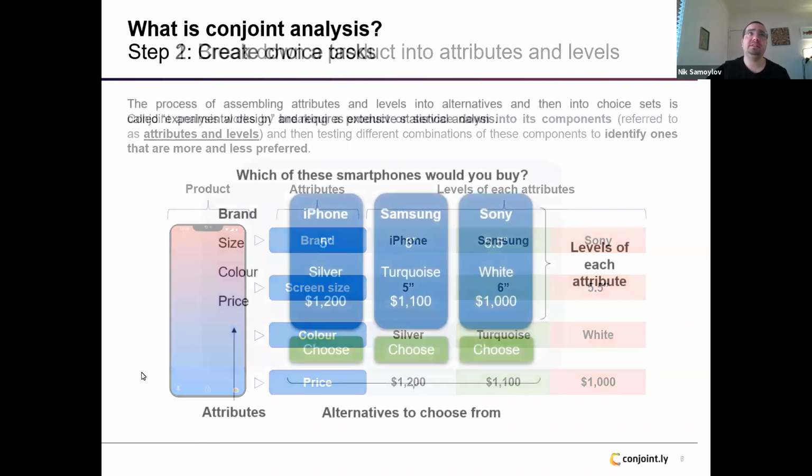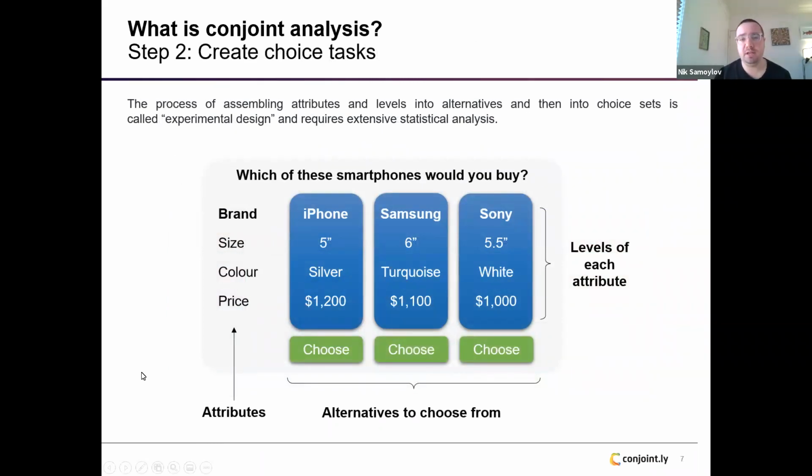The second thing is that we assemble those levels into different alternatives. Those alternatives are just a combination of different levels that we've identified, one level per attribute, and then we show them to respondents, typically several at a time, and ask them to choose one of them. That is called a choice task. So we're asking them to choose one of the alternatives, which is a combination of different levels.